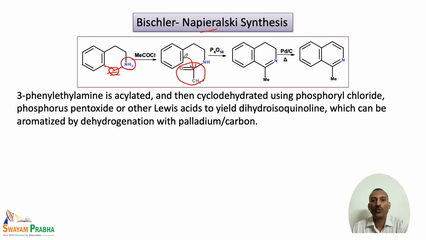This cyclization leads to the corresponding hydroxy derivative, and in the presence of a dehydrating agent, this hydroxy derivative loses a water molecule and we end up with a double bond. Treatment with palladized carbon then leads to the final product. So, the dehydration of this particular intermediate leads to our final isoquinoline derivatives.